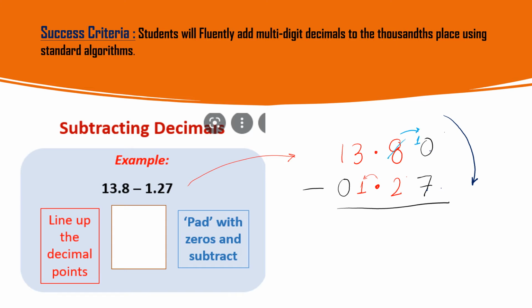So here left 7 and this becomes 10. Now 10 minus 7 gives you 3. Here left 7, so 7 minus 2 gives you 5. Point. 3 minus 1, 2, and 1 minus 0 is 1. So that is our final answer.